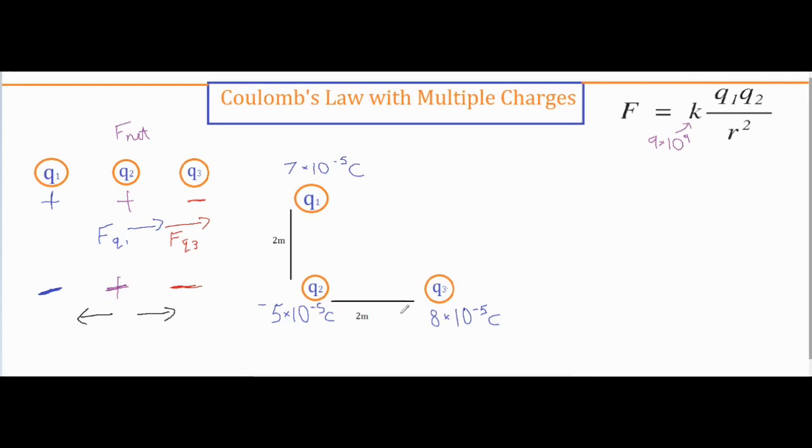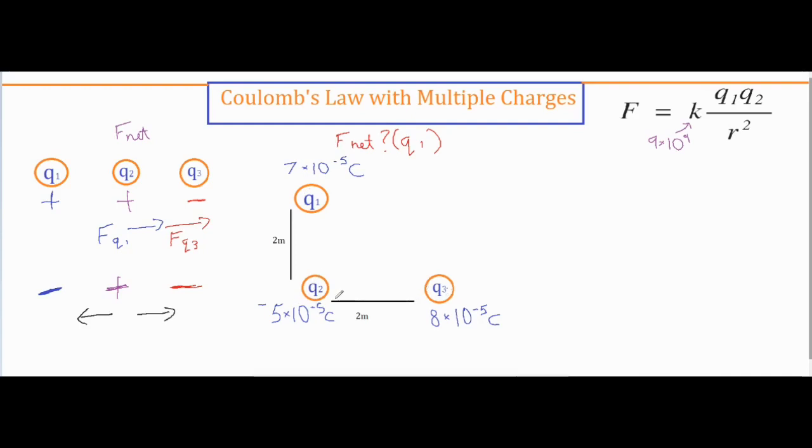So getting to the second part over here, it's much more complex. The problem I'm going to solve is basically what is the net force on Q1? So what I'm going to do for that is I have some numbers for me.